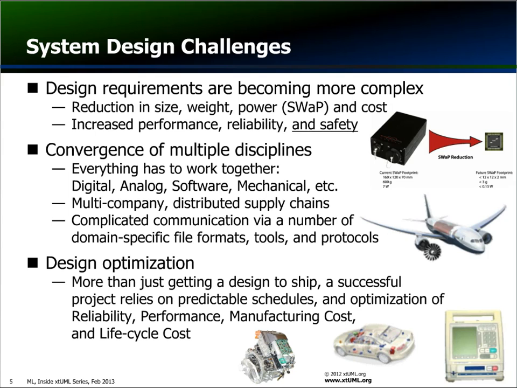Today's more electric systems really are a convergence of multiple disciplines, and all of the pieces have to work together. This includes digital design, analog design, software, and the mechanical elements. This requires communication and cooperation among very diverse teams, and in fact teams that may actually be dispersed across the supply chain and possibly in many different regions around the globe.